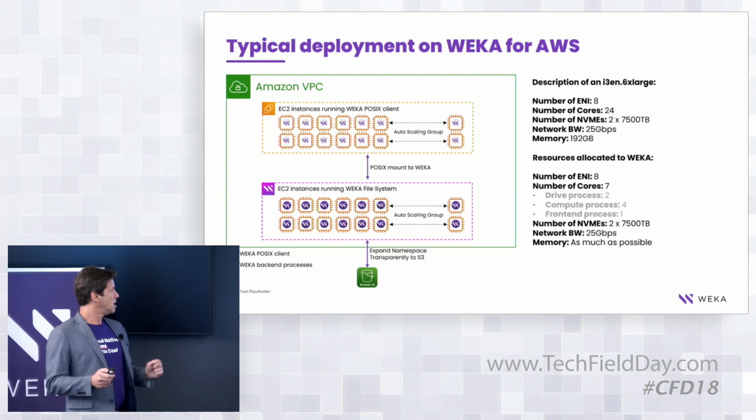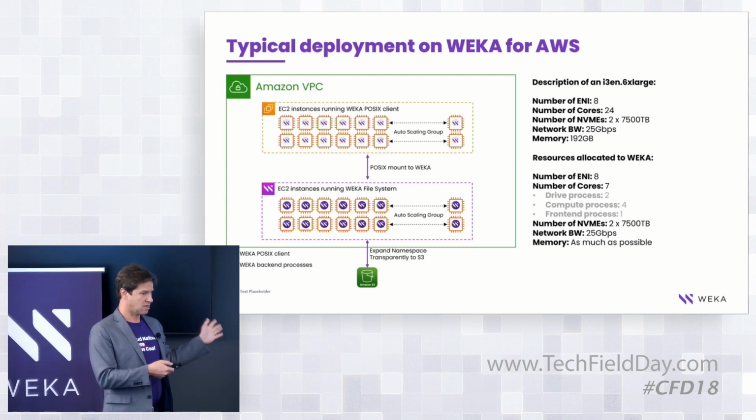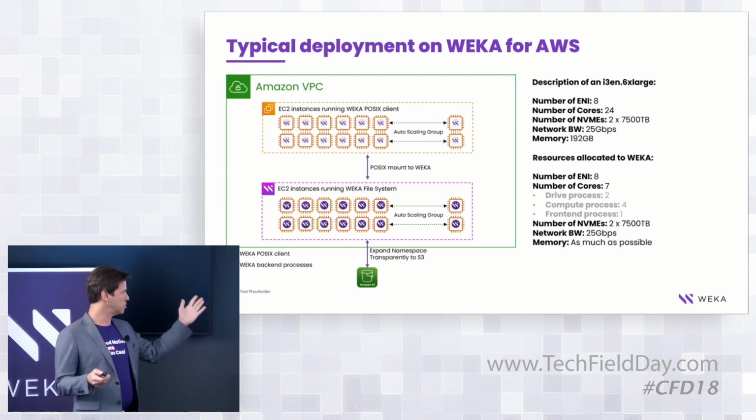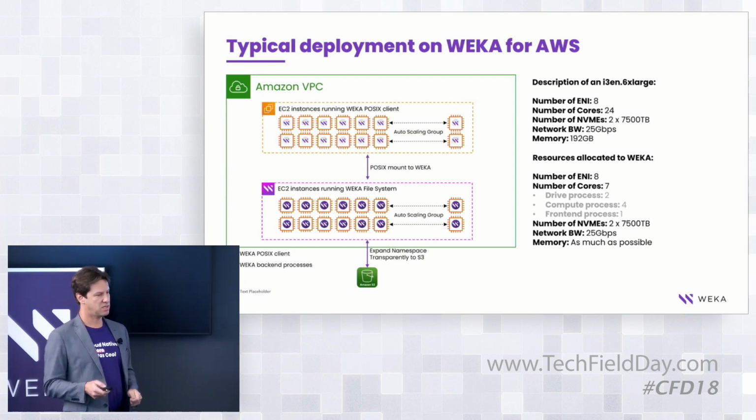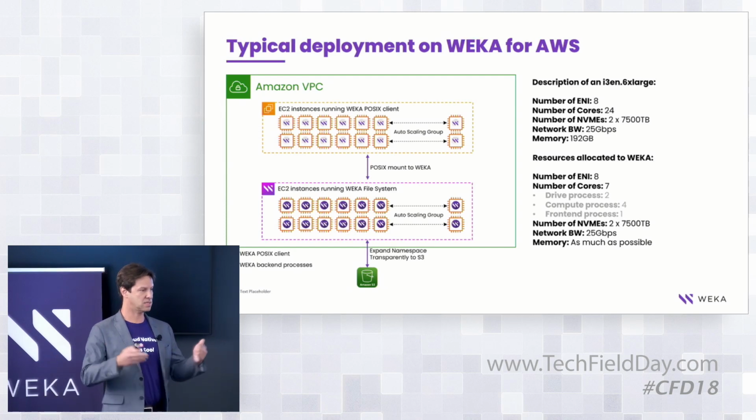So that's not a lot of resources, and it provides a lot of performance. By the way, this can give you 1 million IOPS and a lot of throughput, and we can take advantage of all that bandwidth. Depending on how many instances we have, we can scale on throughput, on IOPS, and things like that.